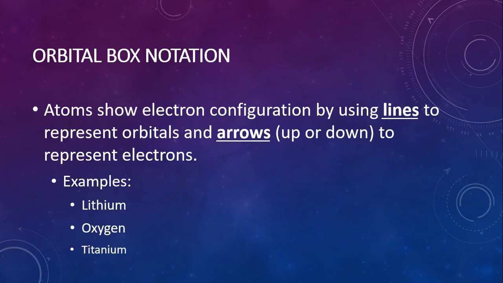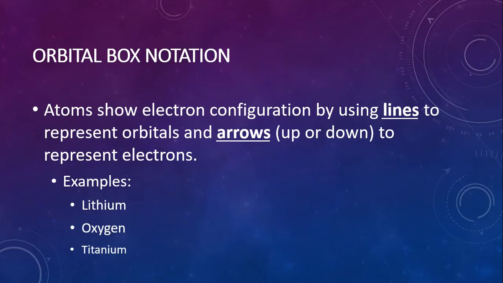I'm going to do it both ways initially, but then I'm going to back off of the lines, because making this PowerPoint was easier with blocks than it was with lines. So each one of the lines or each one of the blocks represents one of those specific orientations of an orbital.